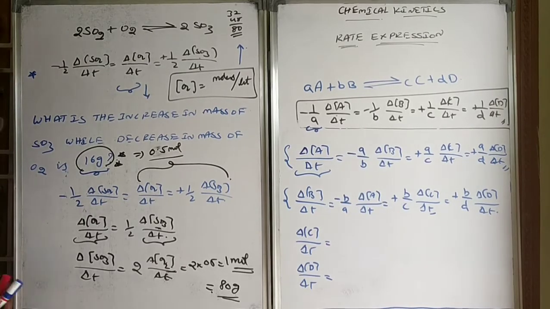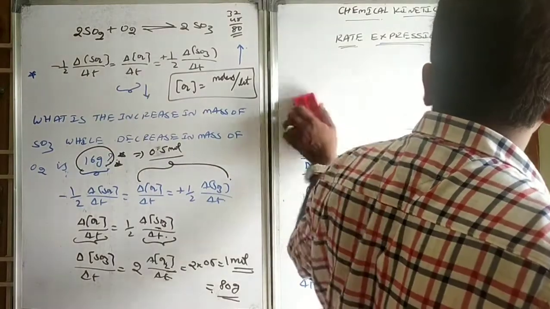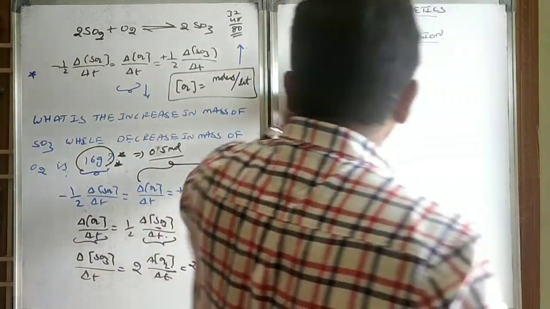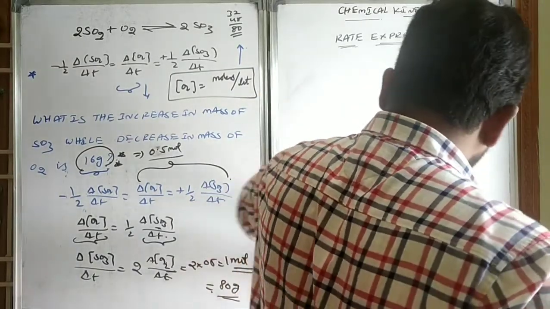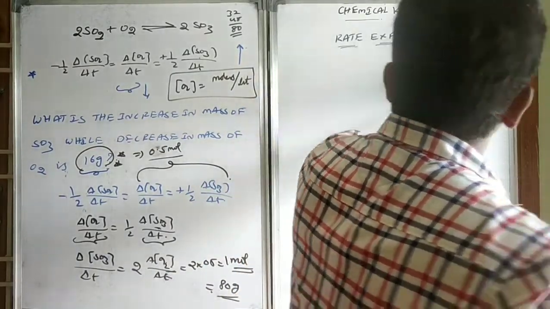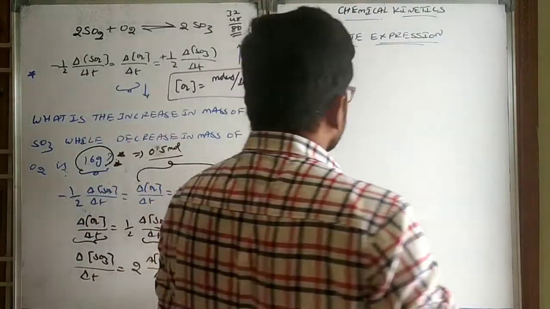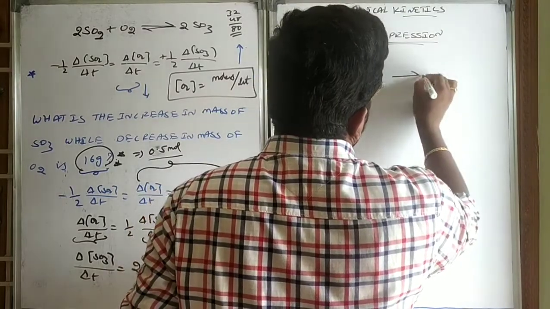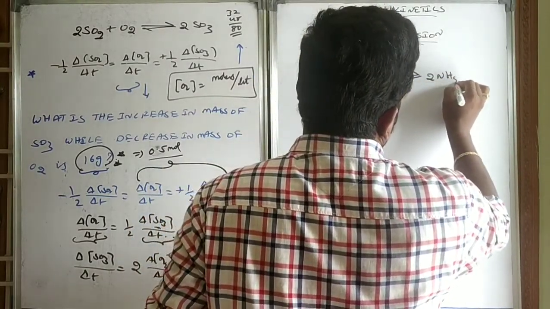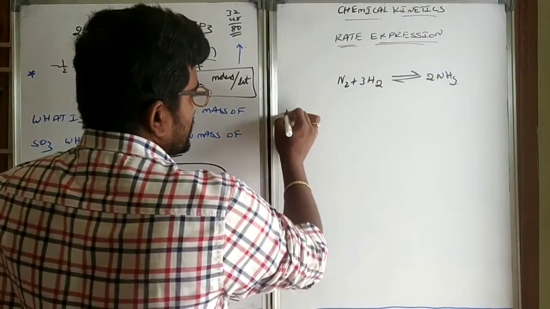Let me tell you another example. N2 plus 3H2 gives 2NH3.